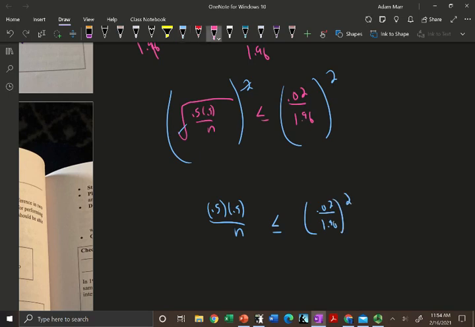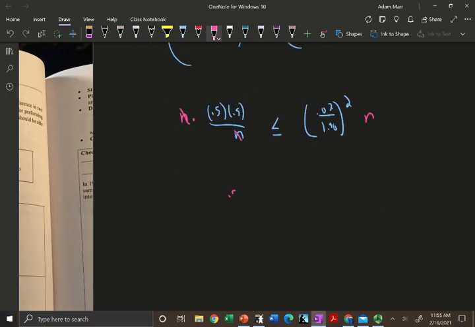And then I want to get n to the other side, so I'll multiply n on both sides. So that gives me 0.5 times 0.5 less than or equal to 0.02 over 1.96 squared times n. And of course, I'm solving for n right here. So I'm just going to divide by this right here.